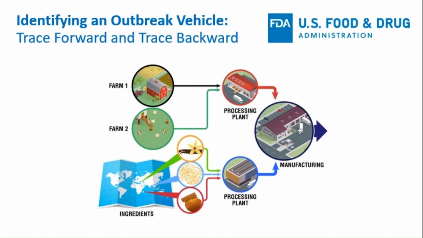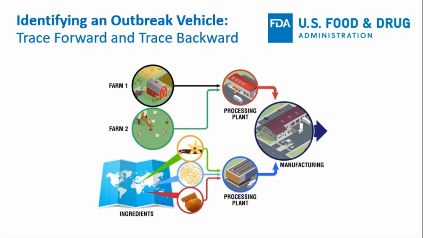The inspectors would go back and look for pathogens, or we may have found the pathogen initially in a processing plant, but the inspectors are going to ask the question, where did the food from that plant come from? And it might trace all the way back to individual ingredients and farms.